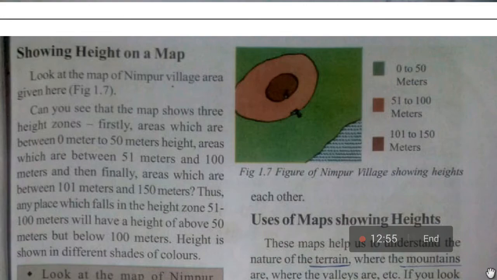And the last one, this dark gray color is showing the height between 101 and 150 meters.